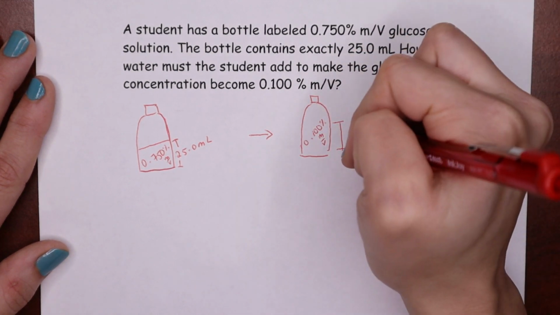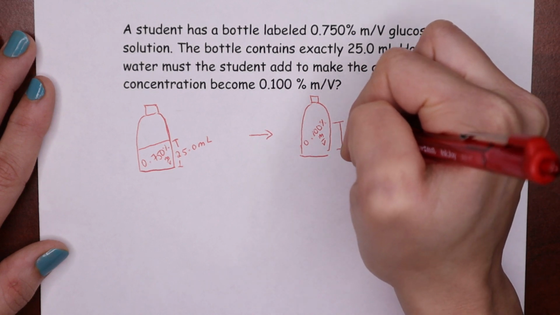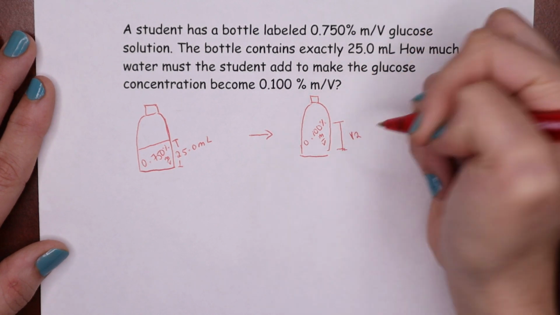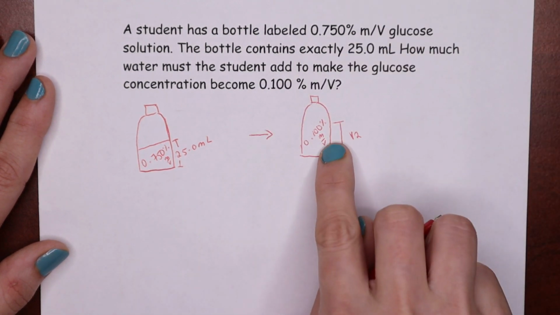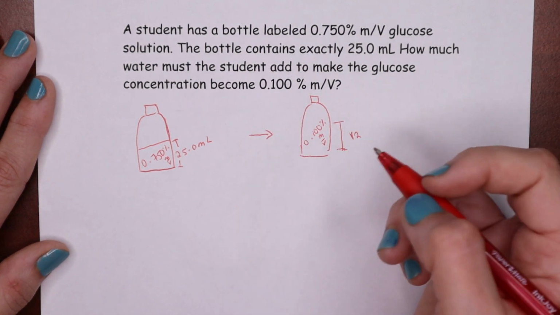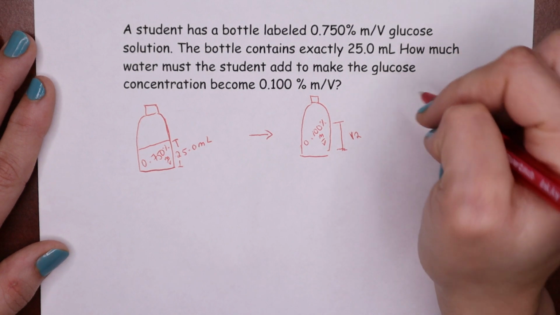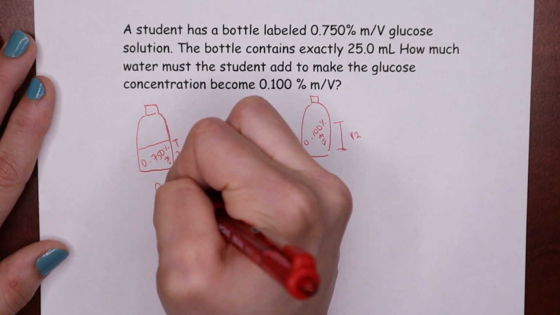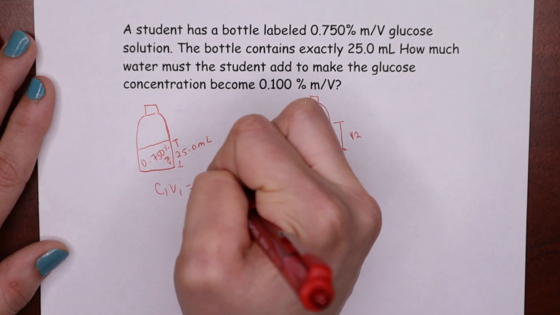We don't know what V2 is going to be. So again, our concentration is getting lower, so that means that we're diluting. We know that if we are diluting, we're going to be using C1 V1 equals C2 V2.